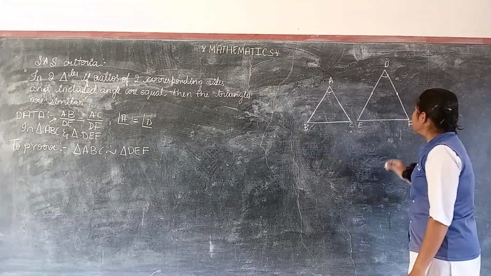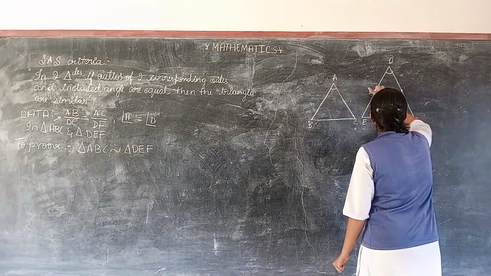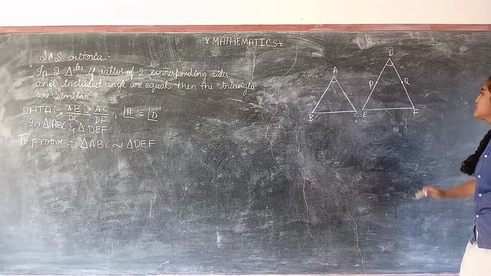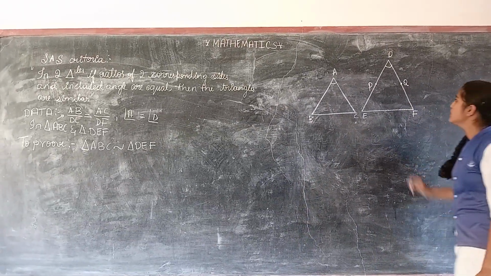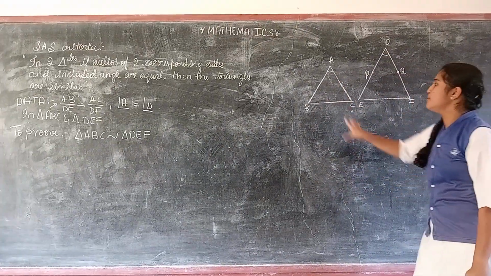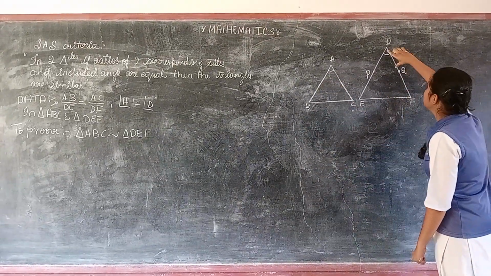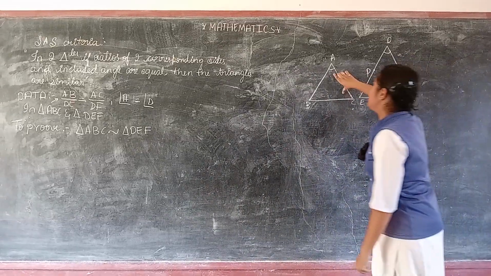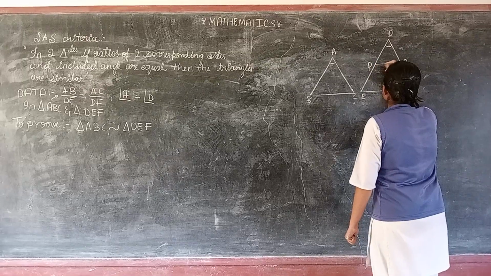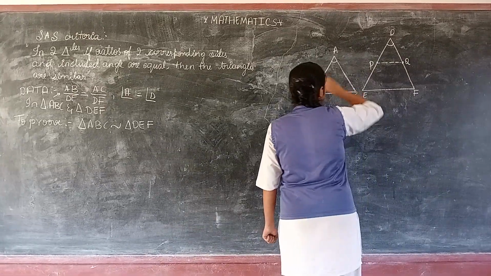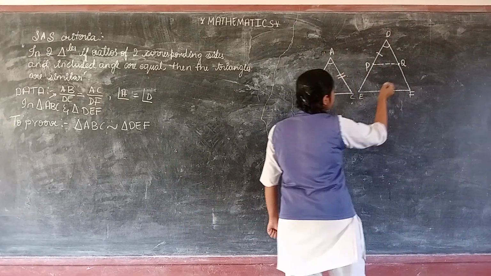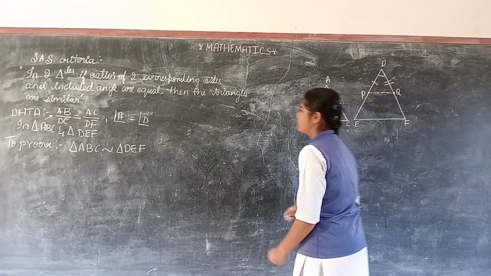The points will be P and Q. These P and Q points are marked in such a way that the measurement of DP will be equal to the measurement of AB, and the measurement of DQ will be equal to the measurement of AC. Then I will join P to Q.